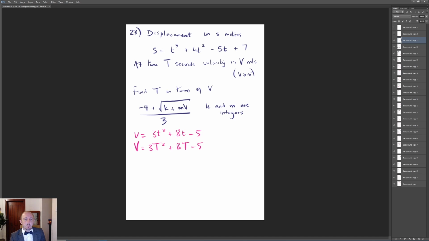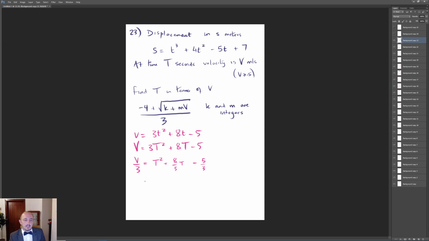So you could probably put this into the quadratic formula, or we could complete the square. So if we divide everything by 3, I get v over 3 is equal to t squared plus 8 thirds t minus 5 thirds.